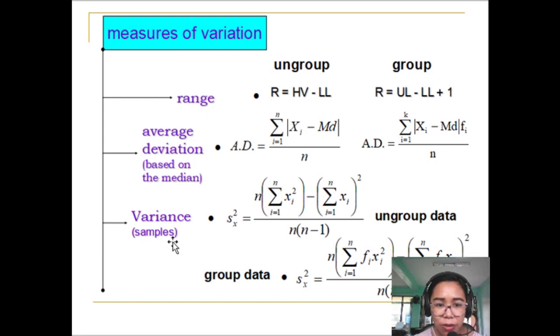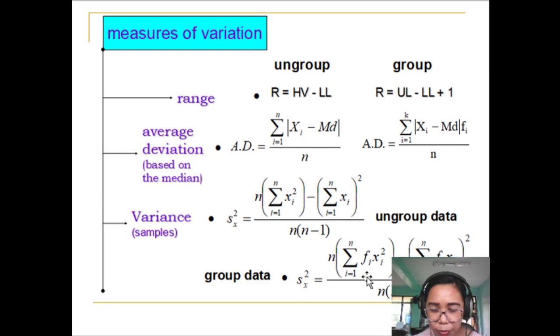Whereas for the variance, we have here what we call the computational formula. This computational formula is basically derived from its definitional formula. So variance is equal to n times the sum of x sub i squared, i from 1 to n, minus the sum of x sub i from 1 to n, quantity squared, divided by n times n minus 1.